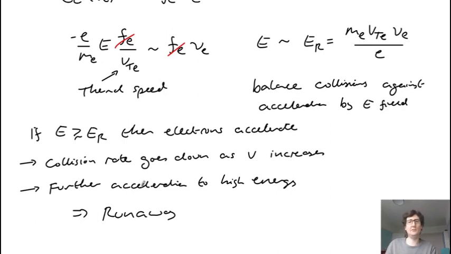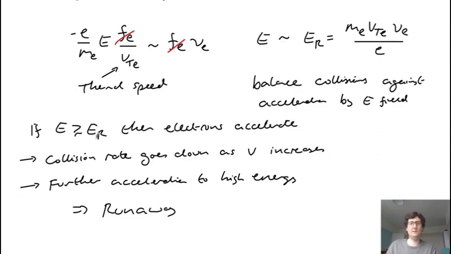This can be dangerous during things like disruptions, where you can get a large electric field which exceeds this runaway limit, and then a large population of high energy electrons can be generated and then damage parts of the wall if they hit them. So there's a runaway field if E is bigger than E_R, and in particular fluid models break down.